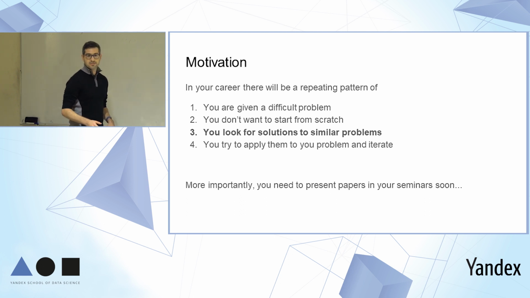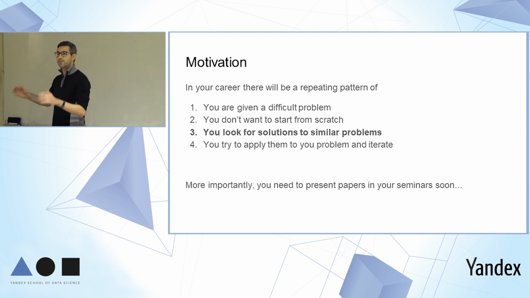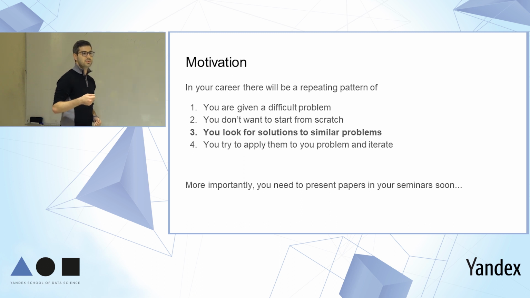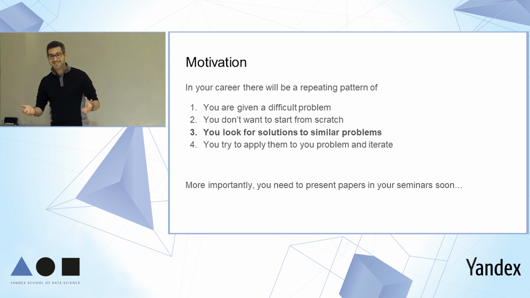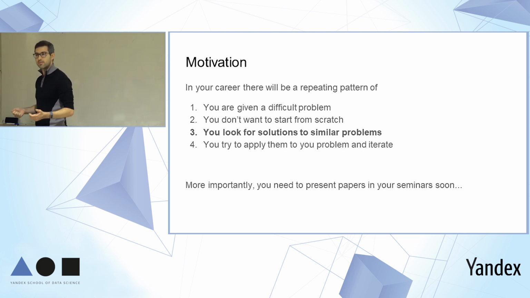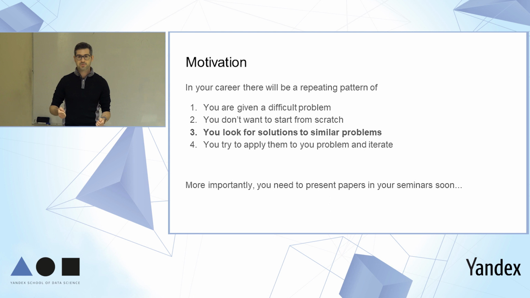So, in your career, ignore academia for a second. In your career in the industry, there will be a repeating pattern where someone gives you a difficult problem and hopefully interesting. And basically, you don't want to start from nothing. Right? If it's a deep learning problem, you don't want to reinvent the whole architecture and build everything from scratch.